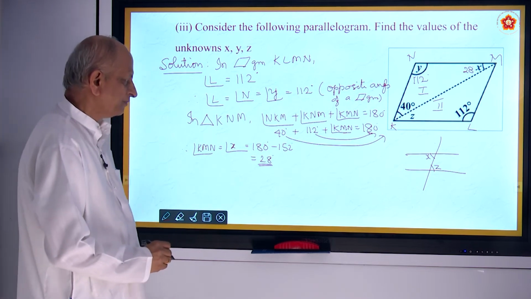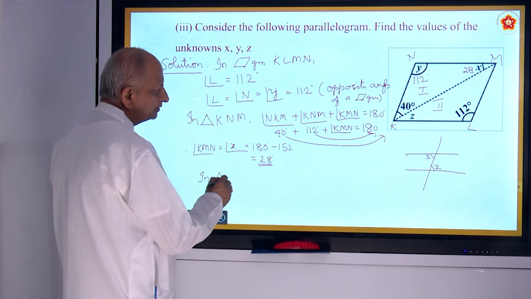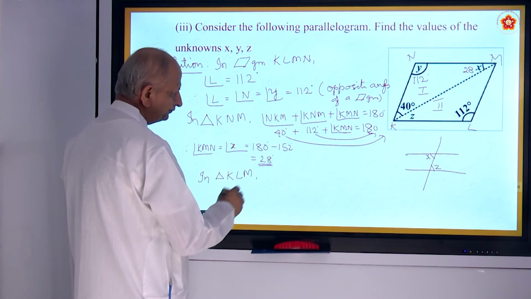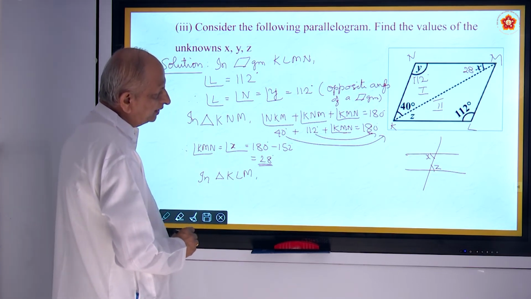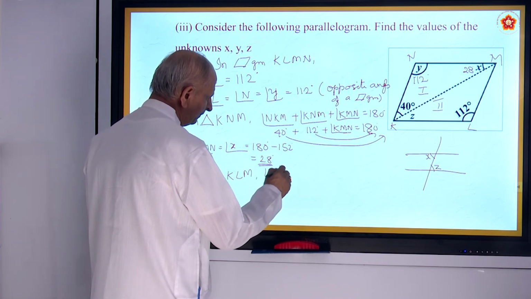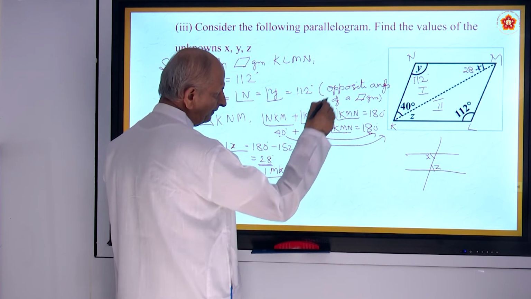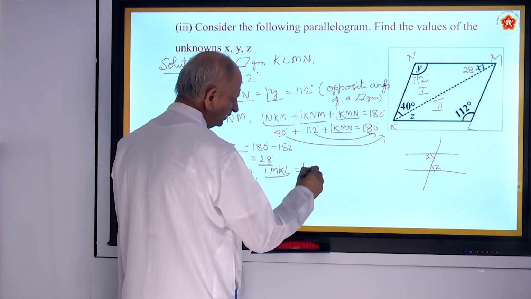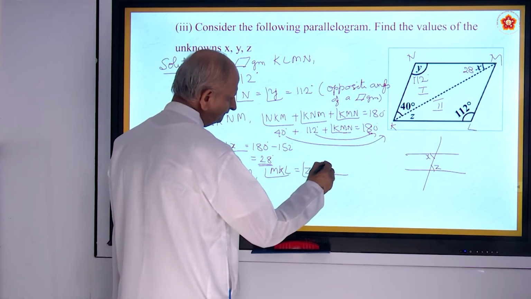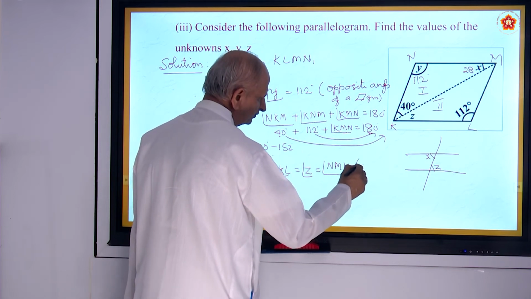What is z now? So, you can write in triangle KLM, angle MKL, that is called z, is equal to NMK, and what is it called?